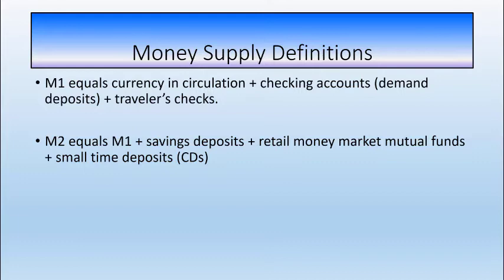Then there's a form called M2. The definition of the M2 money supply is that it equals M1, the narrow measure, the most liquid, plus less liquid accounts. One is savings deposits, right? Those accounts are technically less liquid, although you can go to a bank nowadays and get your money out of a savings deposit pretty quickly.